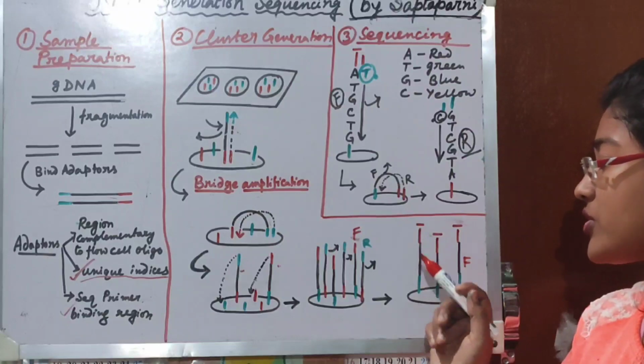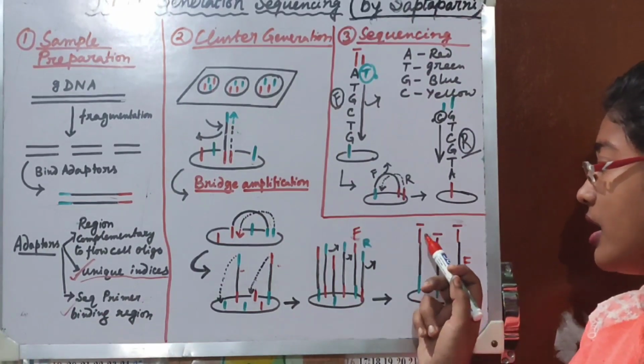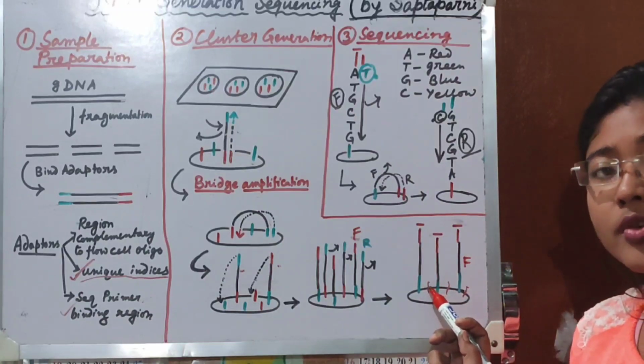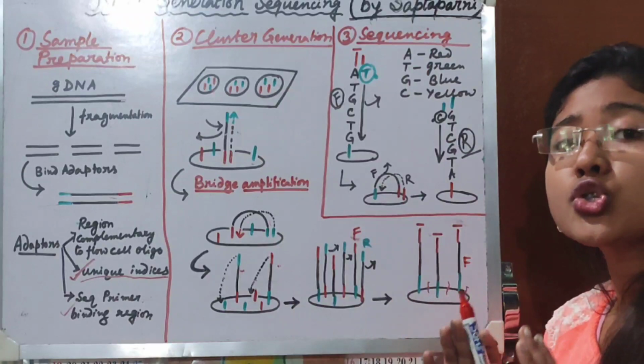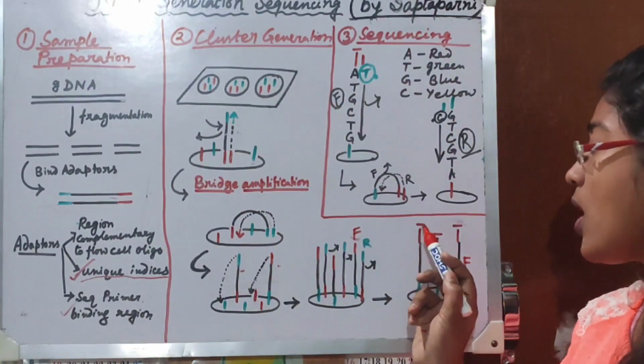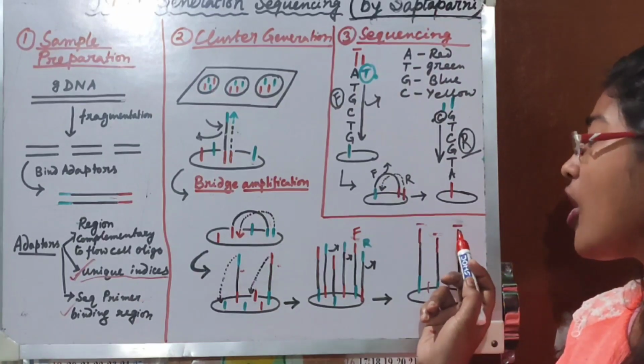So these forward strands can obviously bind to their complementary oligonucleotides in the flow cell and can again start the bridge amplification. To prevent that, you have to block the 3' OH end of the forward strand.